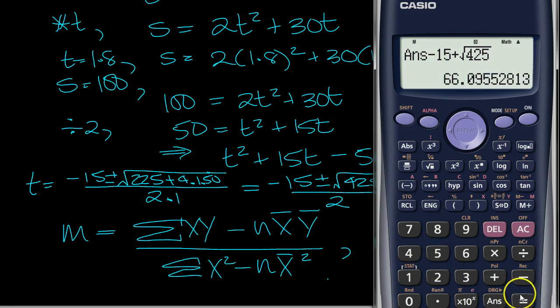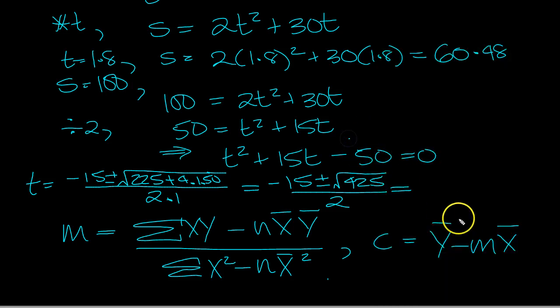Okay, we get that decimal. Divide by 2. Answer divided by 2 then is 2.814 for t to 3 decimal places. And we did need to use the formula there.